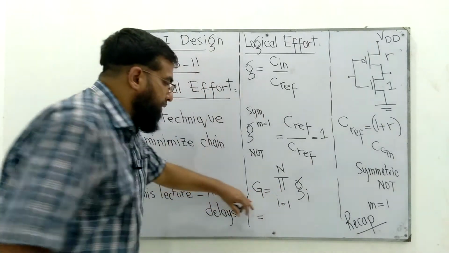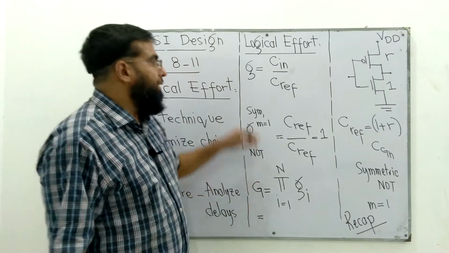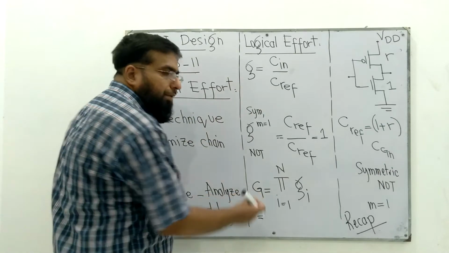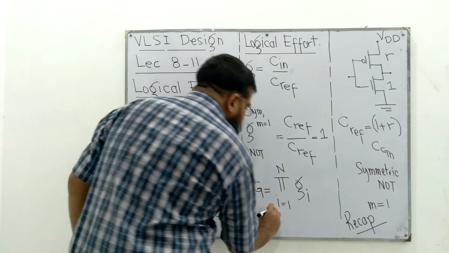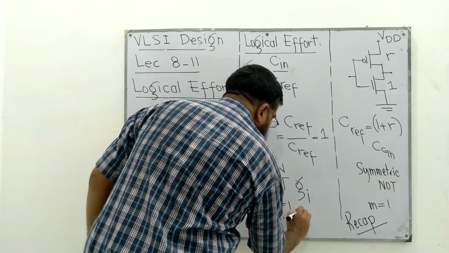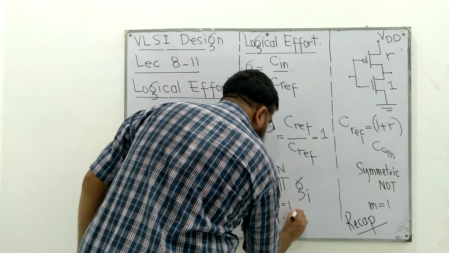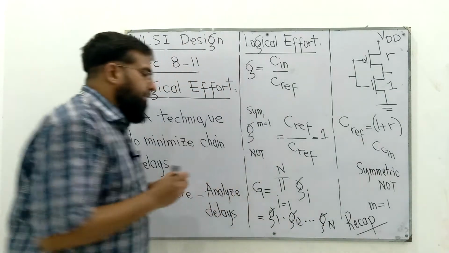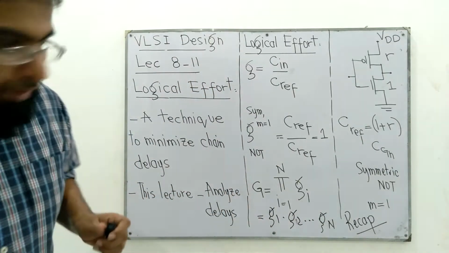Capital G is the logical effort of the chain, whereas small g is the logical effort of a gate. In a chain we have more than one gate. If we have n gates in the chain, that would be G1 times G2 times G3 up to Gn.